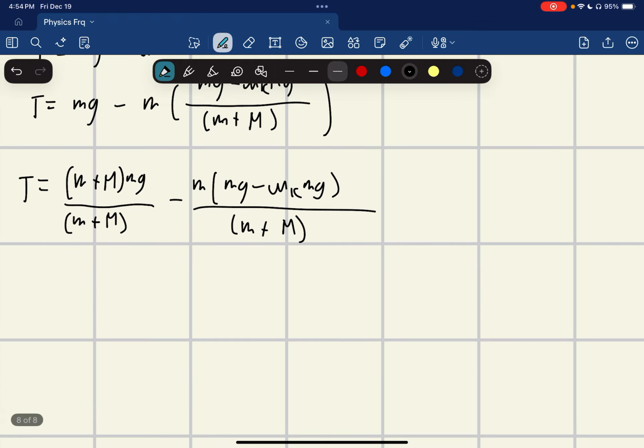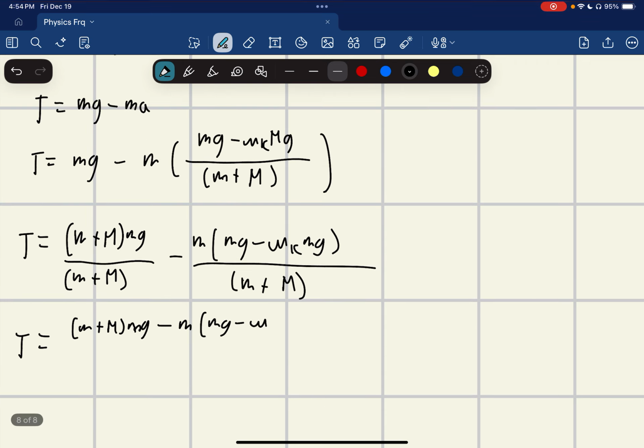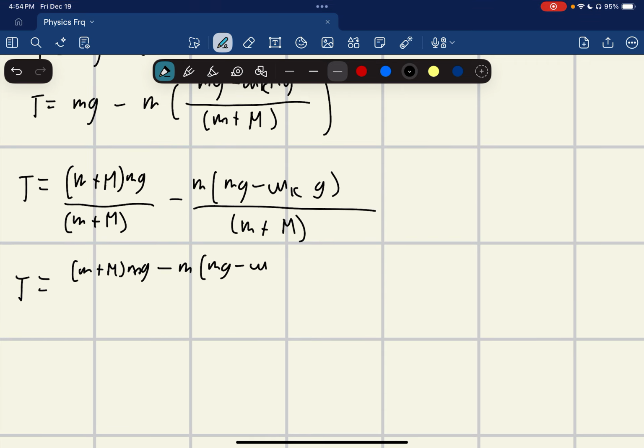And then I would combine the terms, so it'll be T is equal to (m + M)mg minus m times (mg minus μk Mg), all over (m + M).